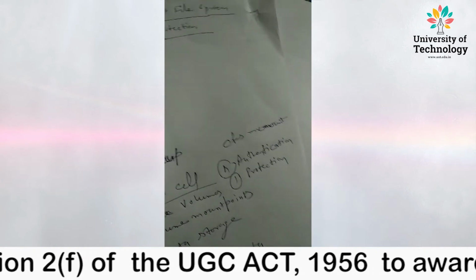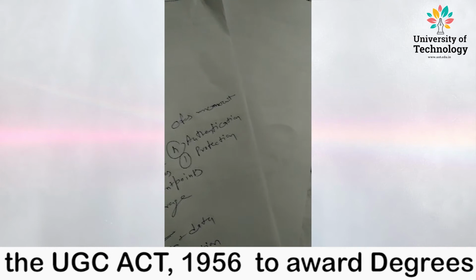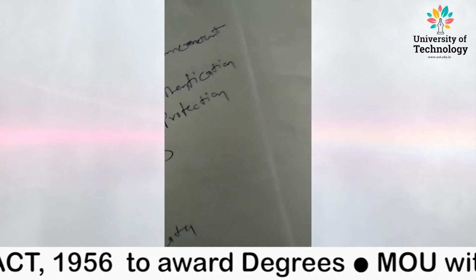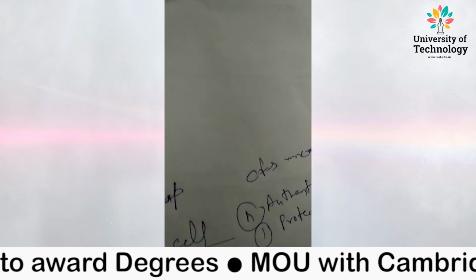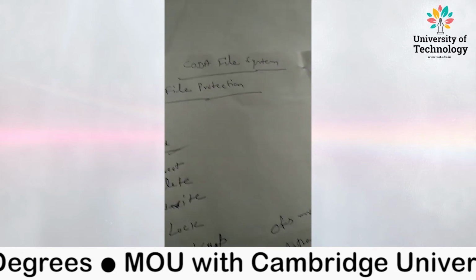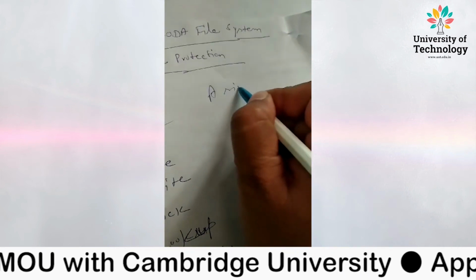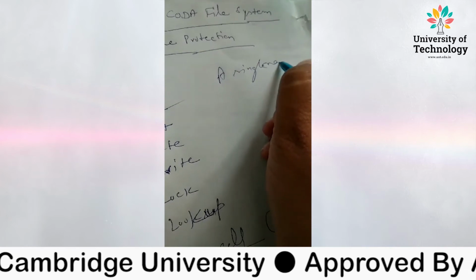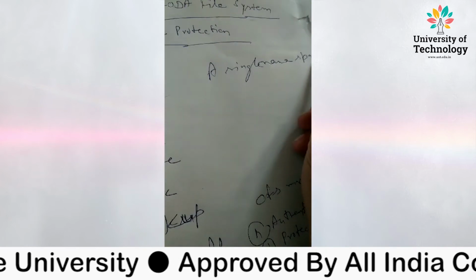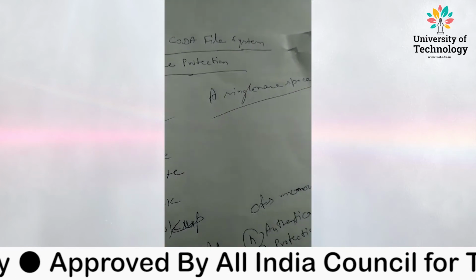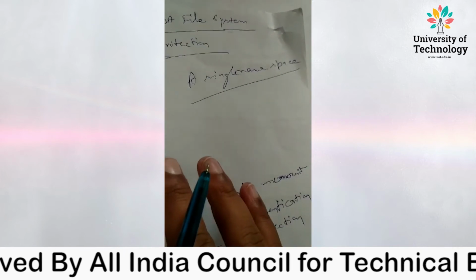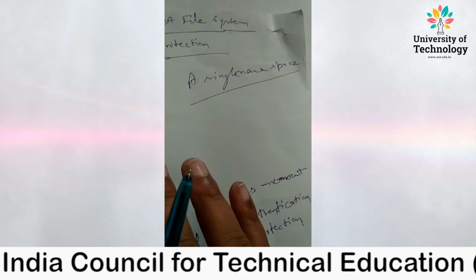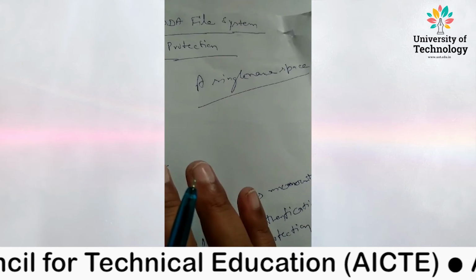Next we can discuss a single namespace. In a single namespace, all of CODA appears under a single directory, /coda, on the client.